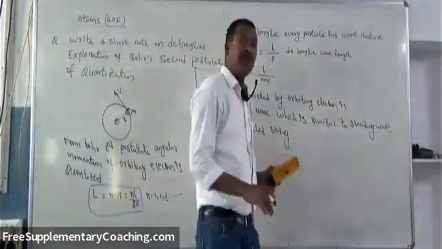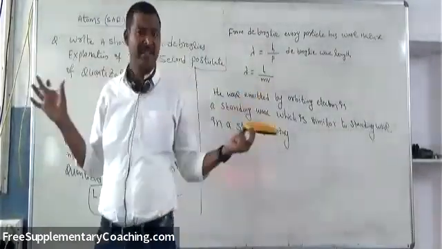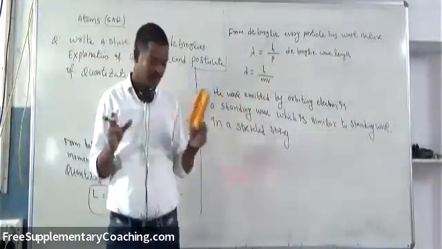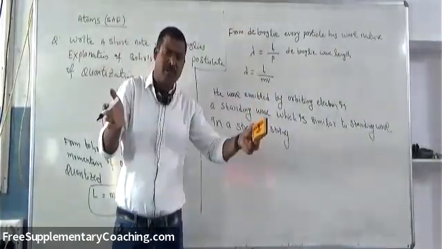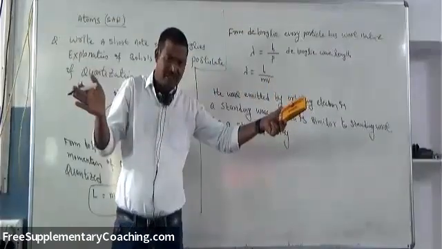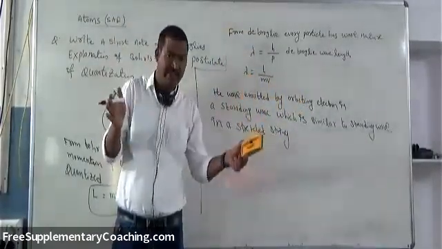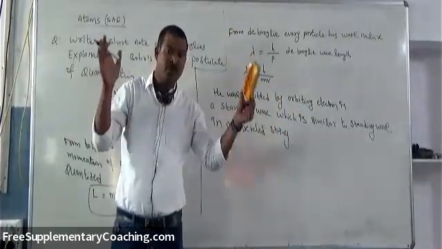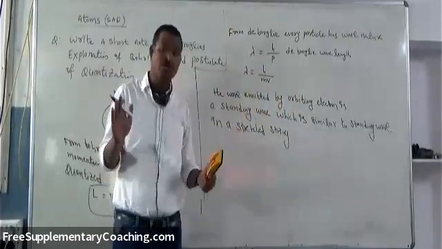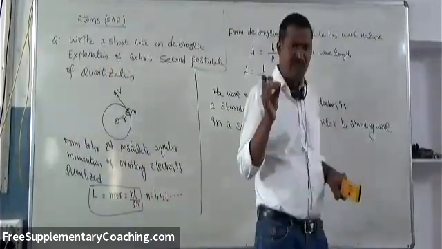But we know a standing wave in a stretched string can have many wavelengths. Between the two fixed points, that is two nodes, many loops will form.